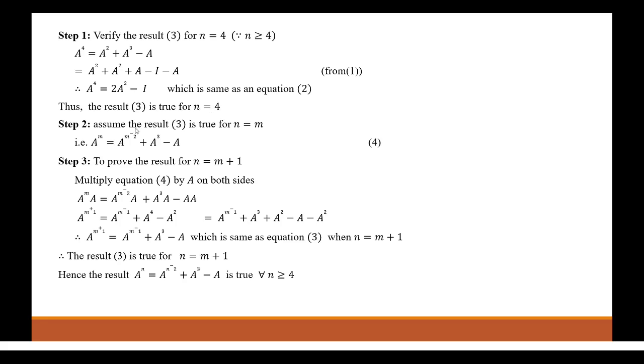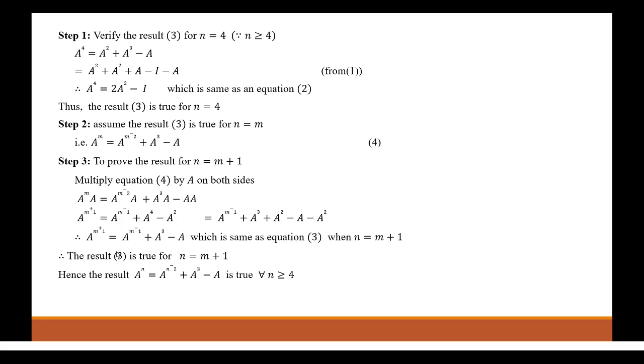In the next step in the mathematical induction, assume the result 3 is true for n is equal to m. That is A power of m is equal to A power of m minus 2 plus A cube minus A. To prove the result for n is equal to m plus 1, multiply equation 4 by A on both sides. Then we get A power of m into A is equal to A power of m minus 2 into A plus A cube into A minus A into A. Again it becomes A power of m plus 1 is equal to A power of m minus 1 plus A power of 4 minus A square.